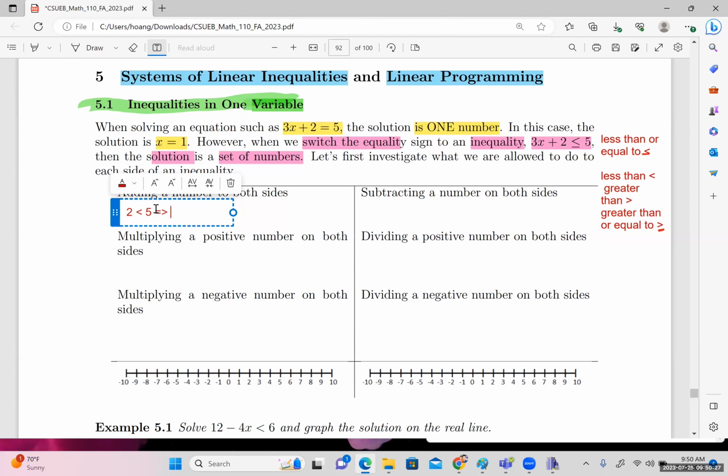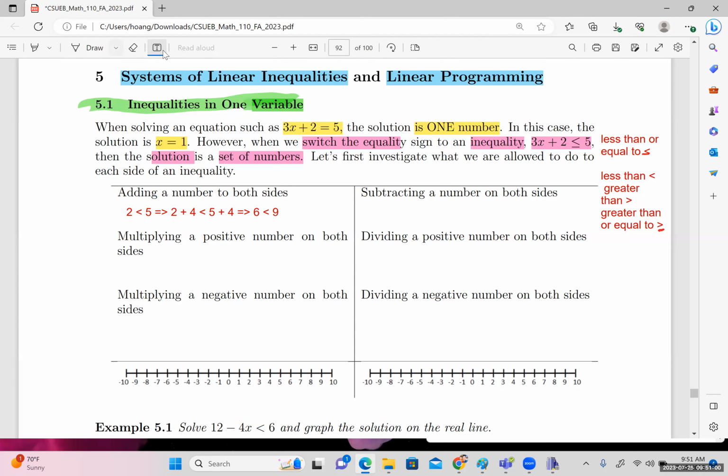Let's say 2 plus 4 is less than 5 plus 4, which gives 6 less than 9. You add 4 to both sides, 2 and 4 is 6, 5 and 4 is 9, and you still end up with 6 less than 9, so the direction of the inequality does not change.